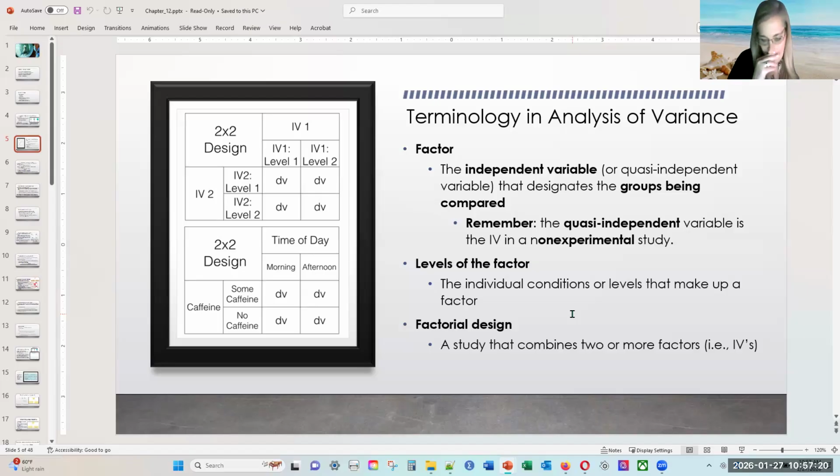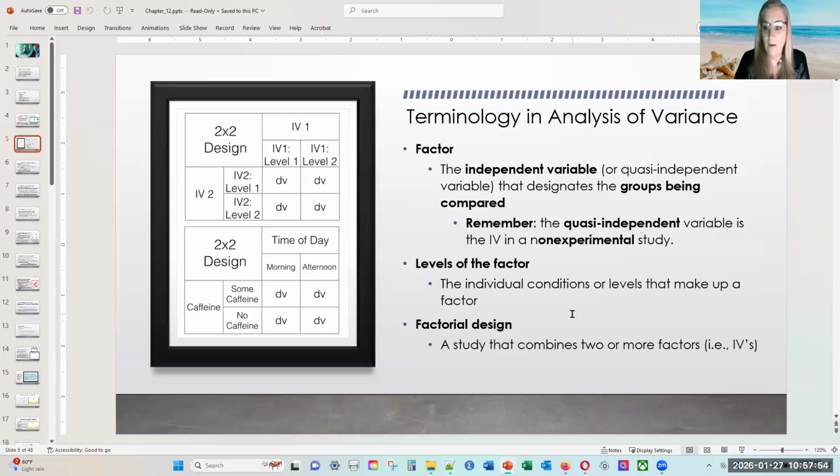Also, you should understand that just like independent variables can have different levels or conditions related to them, like an experimental and a control group, there are also levels of factors. Maybe I am testing people's performance taking an exam in a blue room versus a yellow room versus a green room.